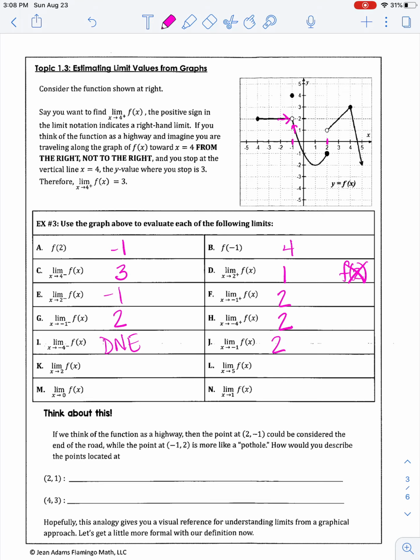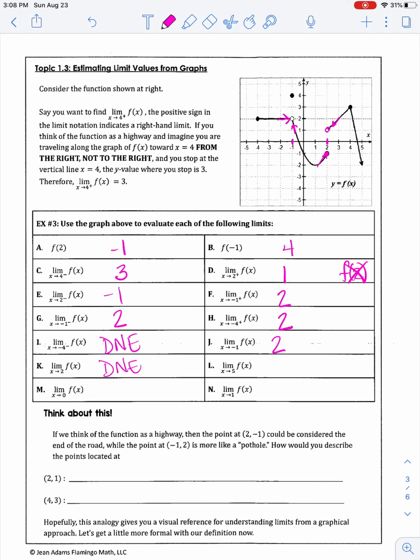Okay, now this one's complicated. From the right, it looks like it's approaching a y value of 1. From the left, the y value it's approaching is -1. So the limit overall does not exist. Because for a limit to exist, you have to approach the same number from the right and from the left. So this limit does not exist.